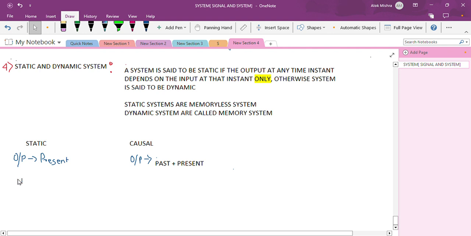So we can also say that all static systems are causal, but not all causal systems are static. Note this one.